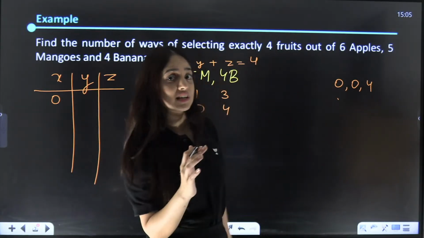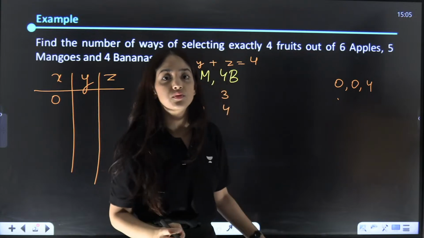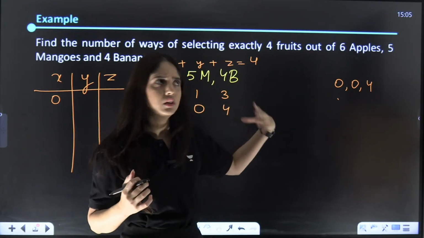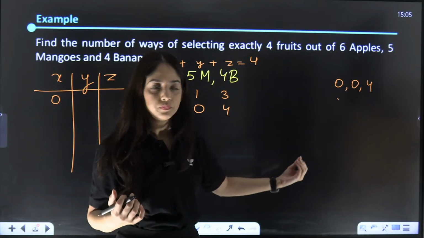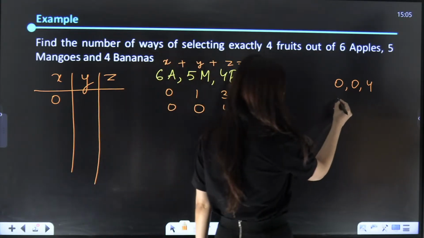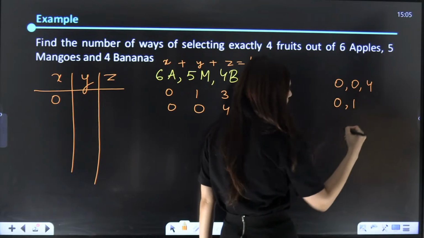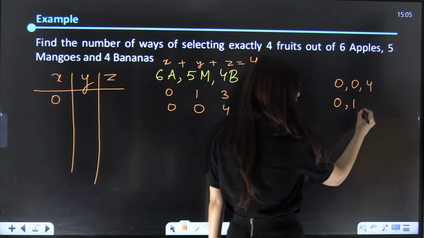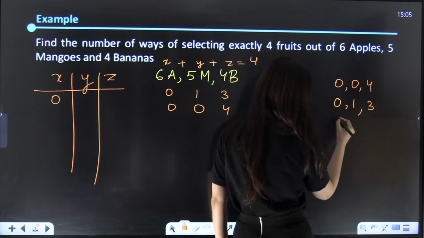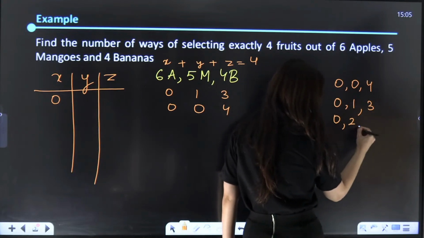Remember from the first class, in order to count all the cases, we have to follow a certain order. In this case, I will follow the ascending order. Okay? So that means we first fix the first 0 and then 0, 1 and the remaining will be 3. 0, 2, 2.